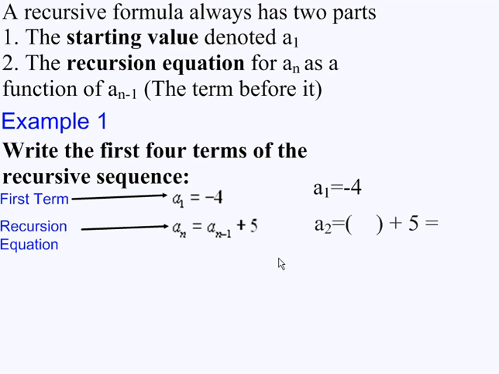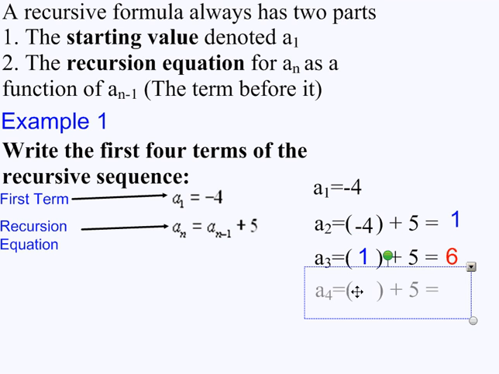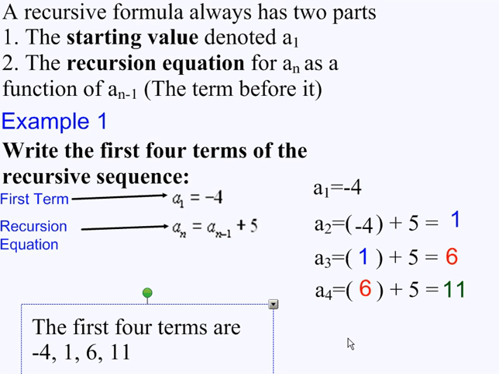So to get A2, we have to take the previous term, -4, add 5, and we get 1. To get A3, we have to take the previous term, which is 1, and then add 5, and we get A3. To get A4, we have to take the previous term, add 5, and we get A4. So the first 4 terms are -4, 1, 6, and 11.